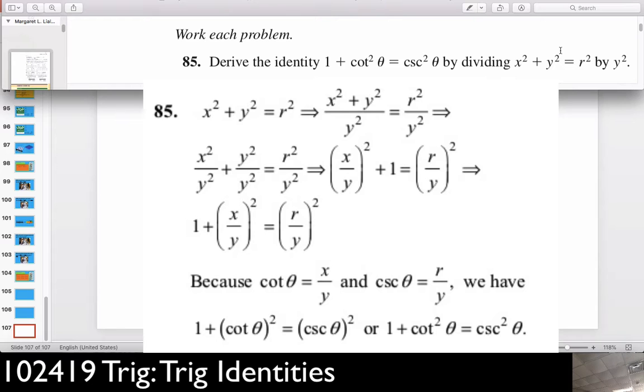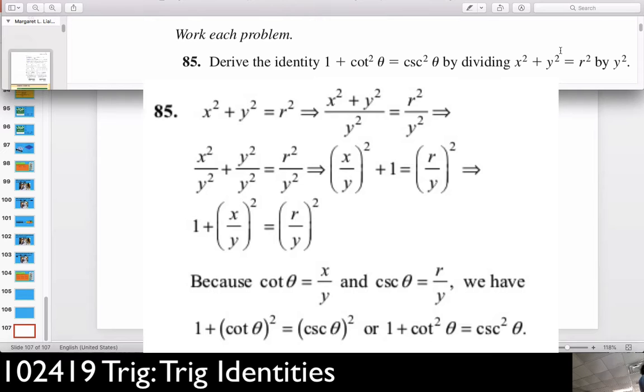And this is also 1 plus cotangent squared, the same as x squared over y squared. And cosecant squared is r squared over y squared. Right?